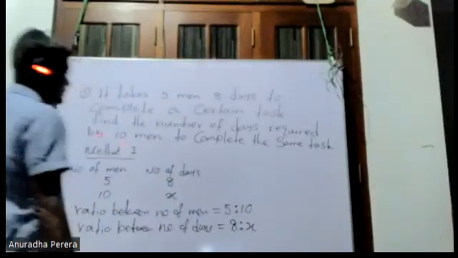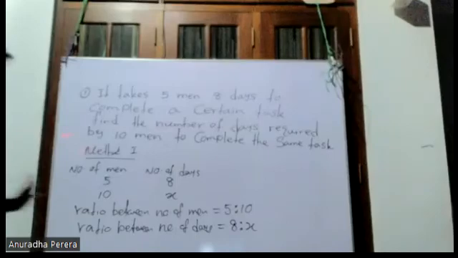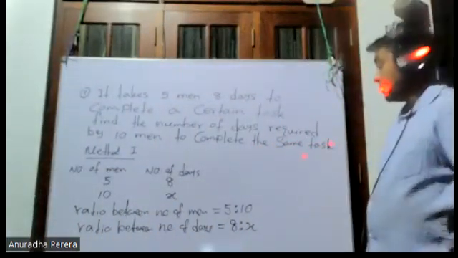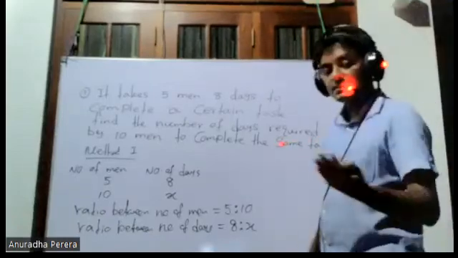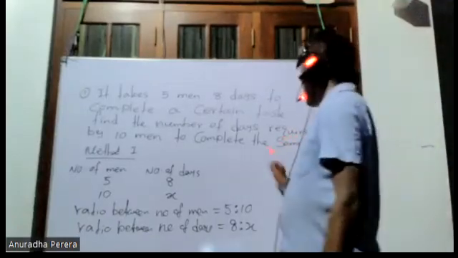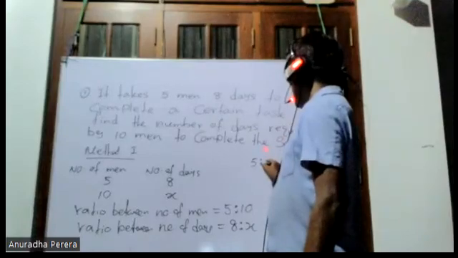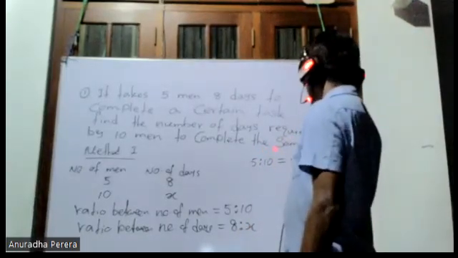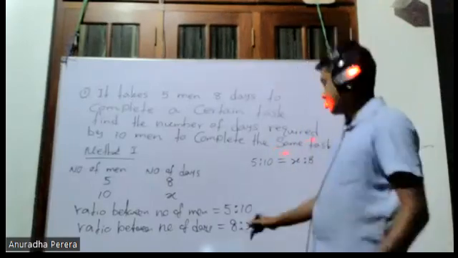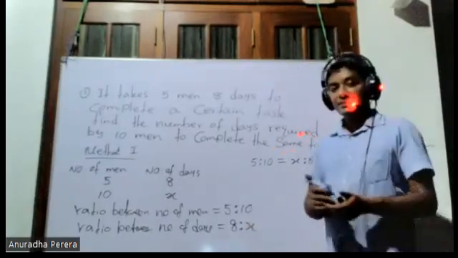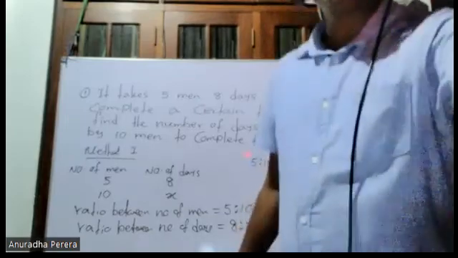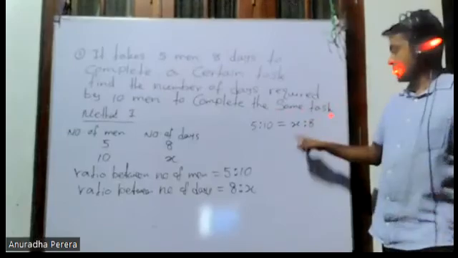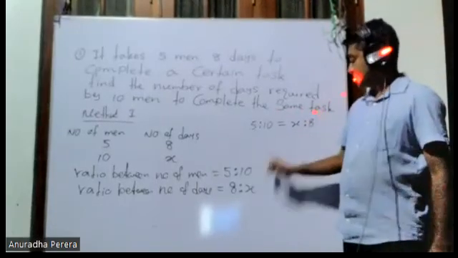Now you have to take the equality, but the number of men is inversely proportional. Then 5 is to 10 equals, change these two terms, x is to 8. Inversely. In direct proportion we did not change the terms, we took them as they were. Now take this as inverse proportion: 5 is to 10 equals x is to 8.